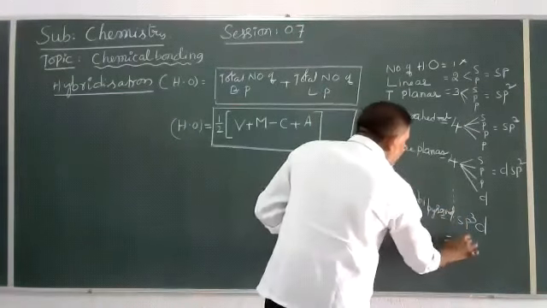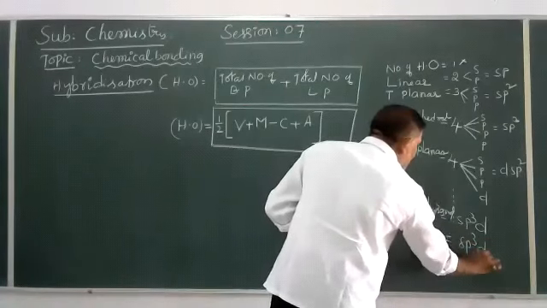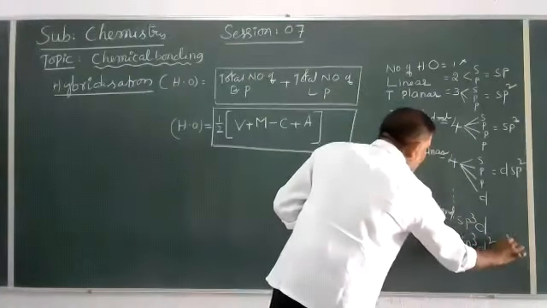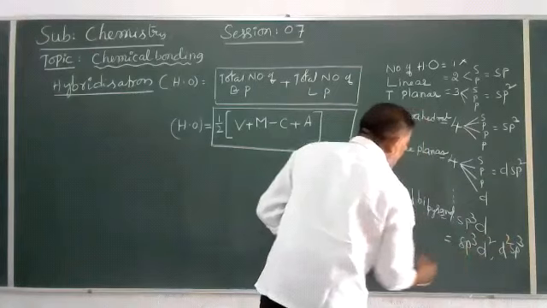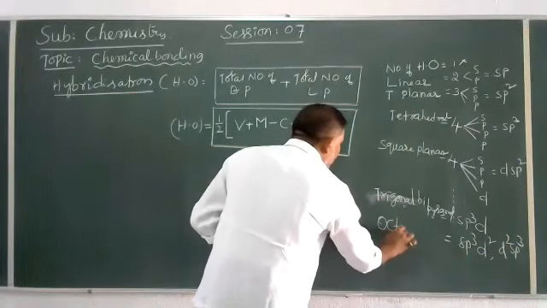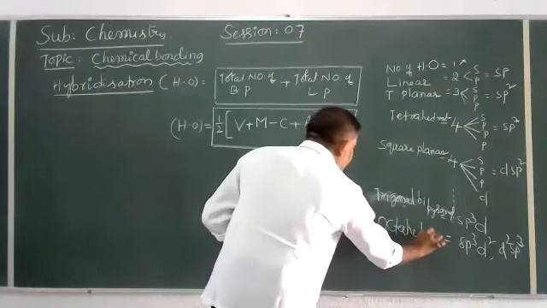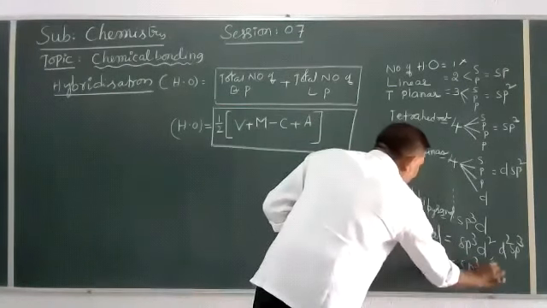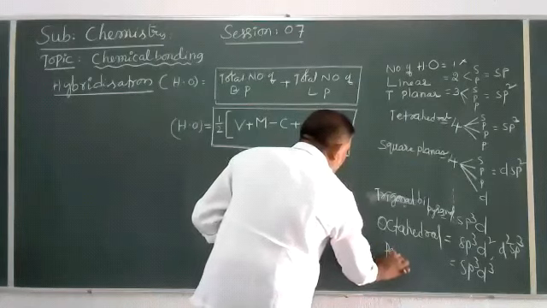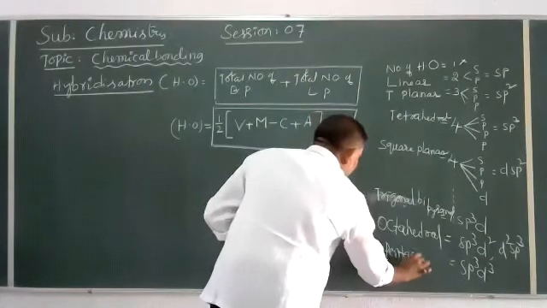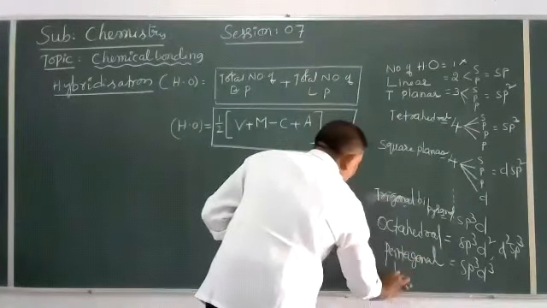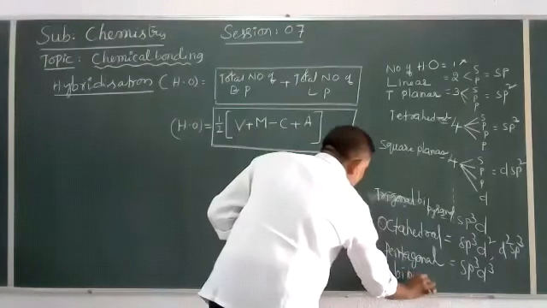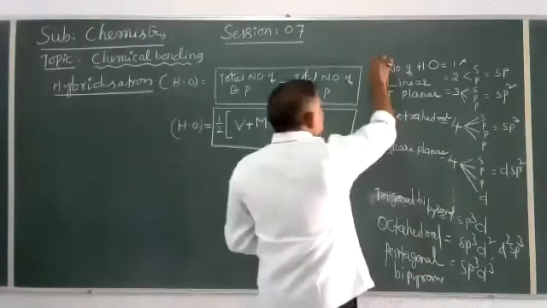bipyramidal structure. If it is sp3d2 or d2sp3, that is an octahedral structure. If it is sp3d3, a pentagonal bipyramidal structure takes place.